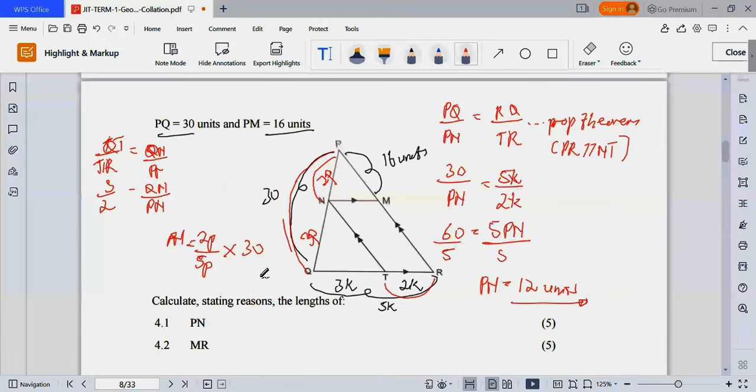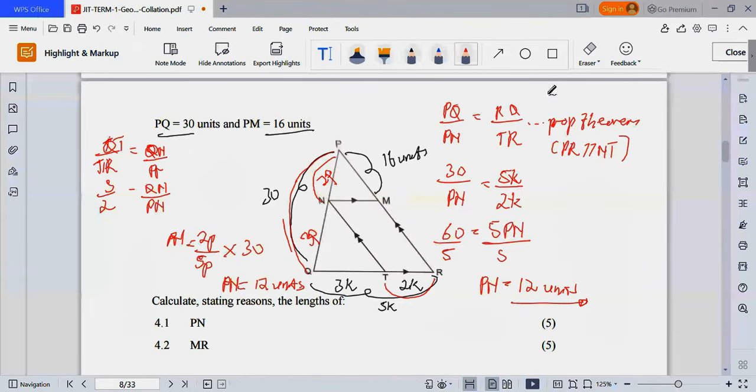So if we say 2 over 5 multiplied by 30, this still gives us PN equal to 12 units. So yeah, many ways to kill a cat.